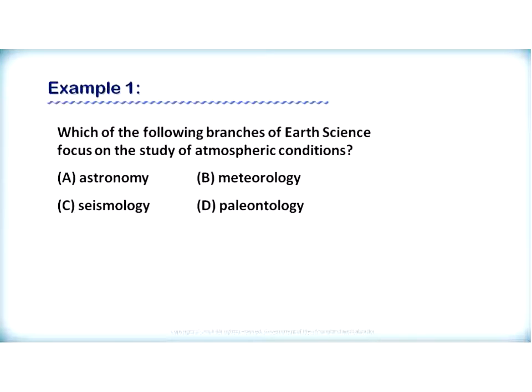Astronomy is the study of space. Seismology is the study of earthquake waves. And paleontology is the study of fossils. Whereas meteorology is the study of our atmospheric conditions, including weather and climate. So in this case, our answer would be B.